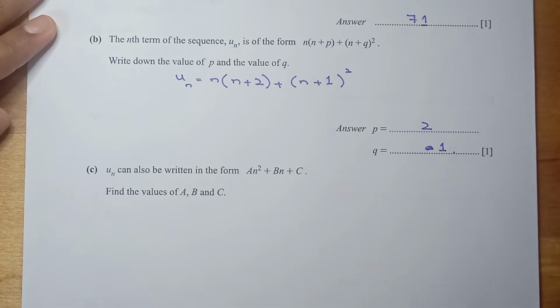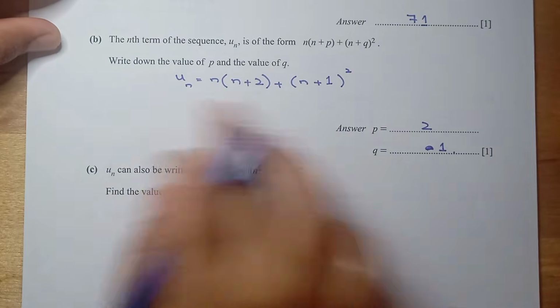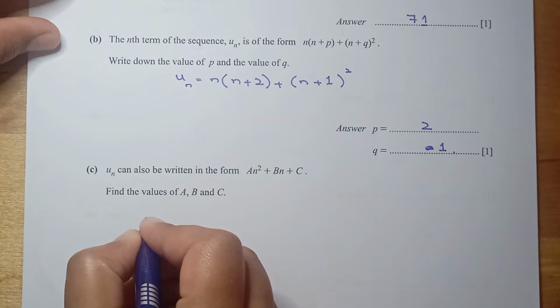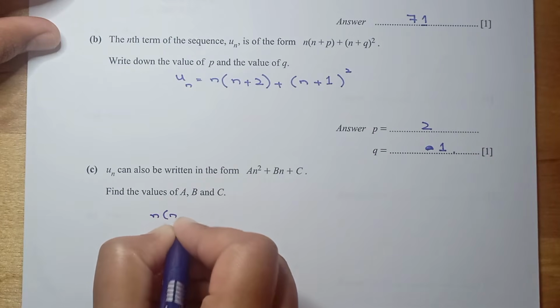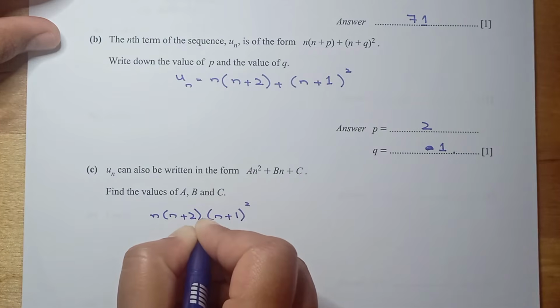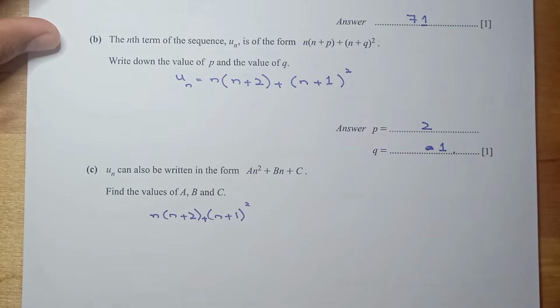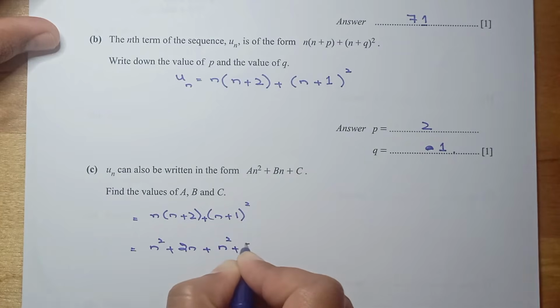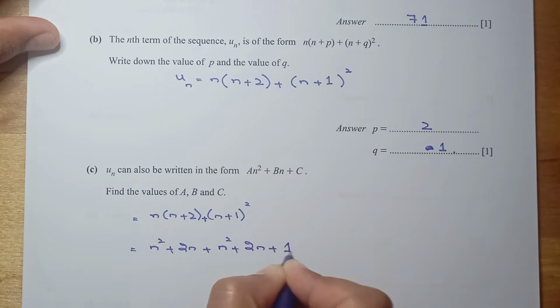Part C, un can also be written in the form of a n square plus b n plus c. Find the values of a, b and c. Okay, so let me write down un first. So un is n into n plus 2, plus n plus 1 whole square. Right, so let me open it. n square plus 2n, and then n plus 1 whole square is n square plus 2n plus 1.